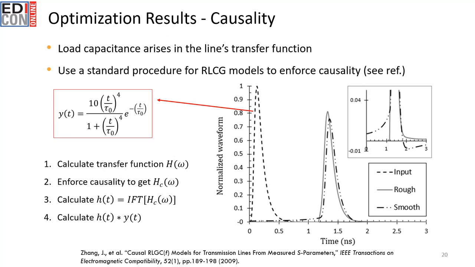Once you have these other terms, you can calculate the transfer function. You then use a procedure in the reference below to enforce causality in that transfer function. And then you can do the standard convolution with the transfer function and the input pulse, and you can determine the response. In our rough line, we actually get pretty nice results.